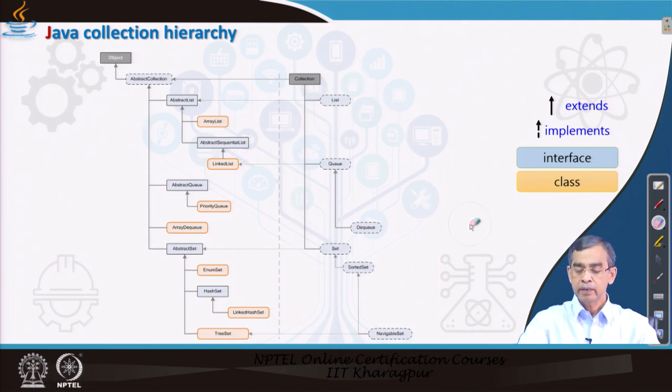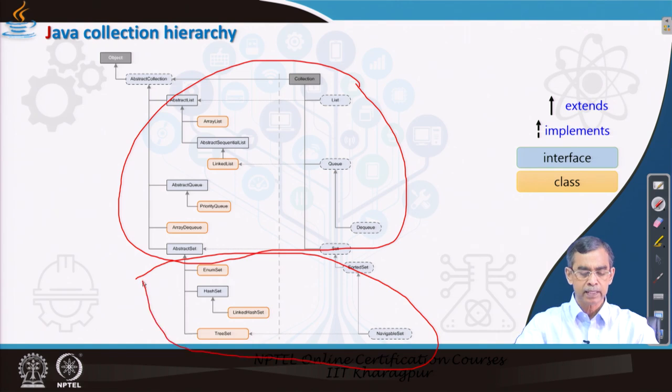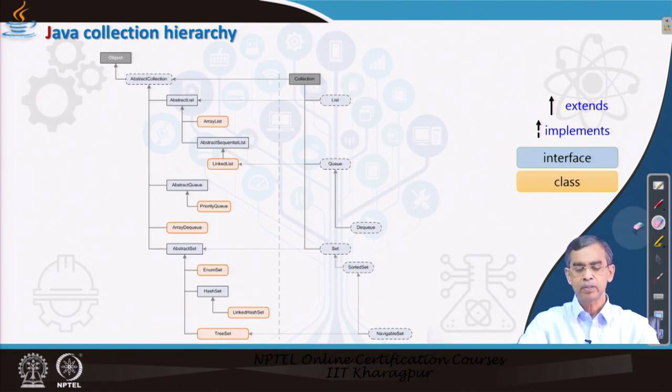In this lecture we will discuss these things, and in the next lecture the next part will be discussed. The collection framework consists of these things. So, today let us first discuss the collection framework, which includes a few interfaces in it.